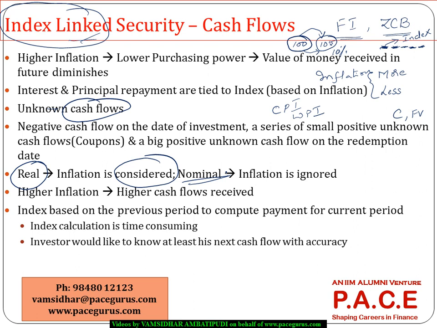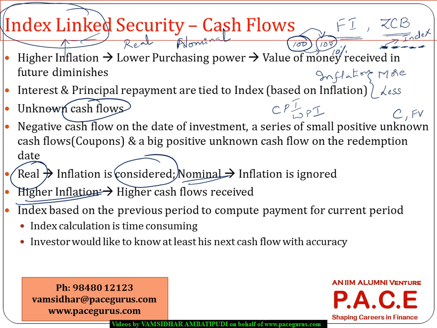So we have to really understand whether the cash flows we are talking of are inflation included or inflation ignored. Index linked securities are real cash flows, whereas fixed interest securities and zero coupon bonds are nominal cash flows, because in real cash flows, if the inflation is higher, the cash flow will be higher and vice versa.